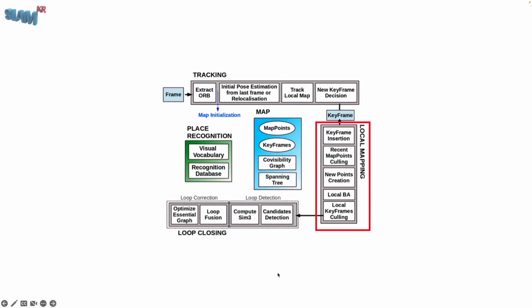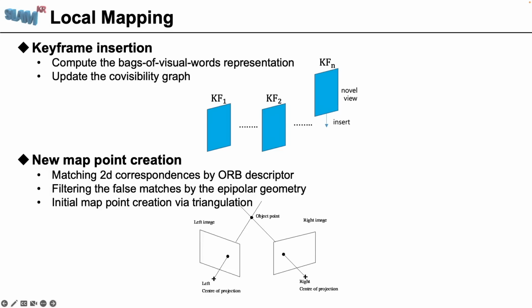The next part that I'm going to introduce in ORB-SLAM is the local mapping procedure. After a new keyframe is determined in the last tracking part, the keyframe is inserted in the co-visibility graph that I mentioned before.